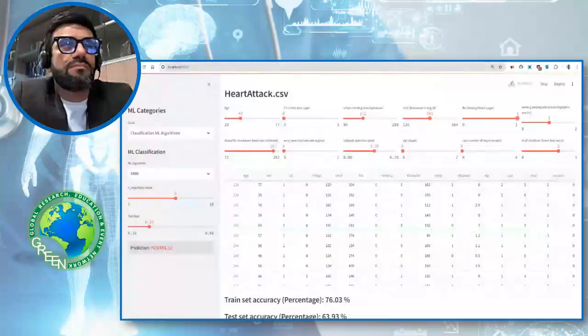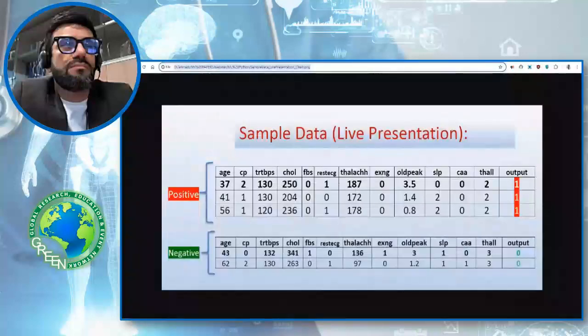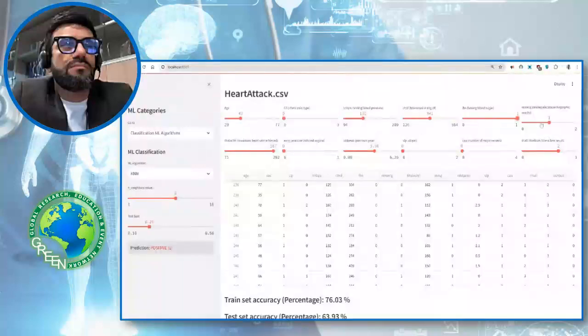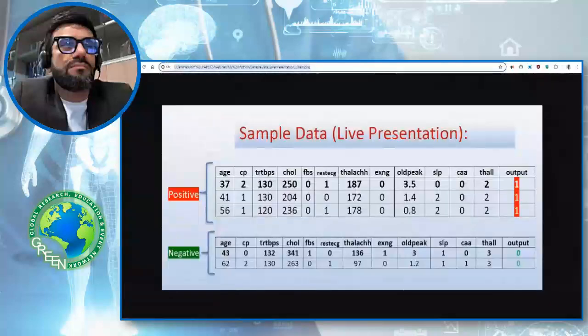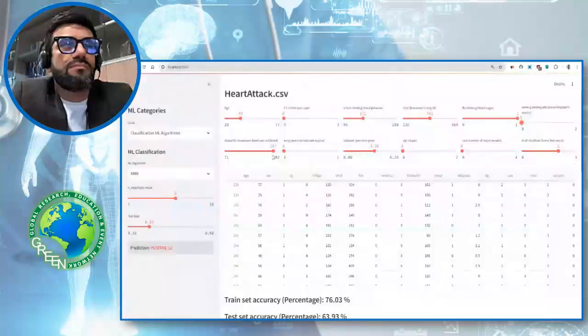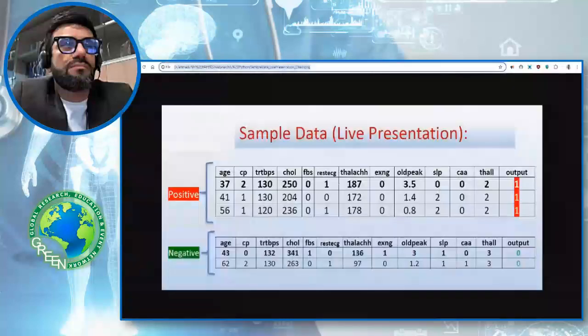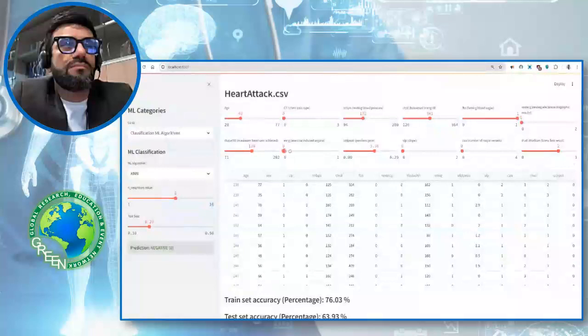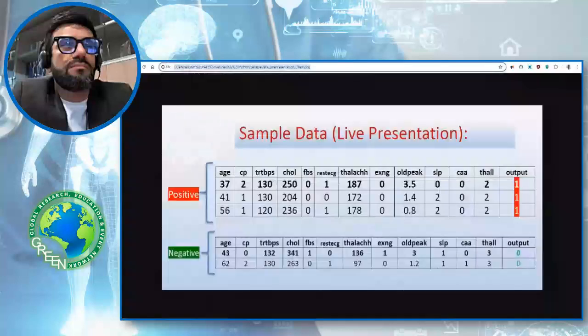FBS is 1, we change it. Rest ECG is around 0. THALACHH is around 136. And EXNG is 1, we change it.